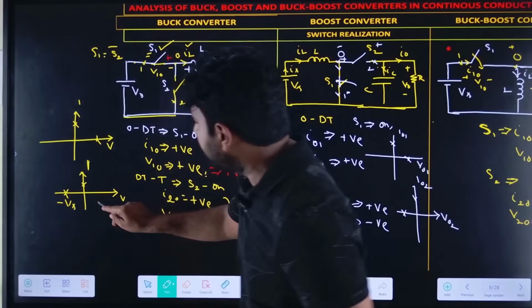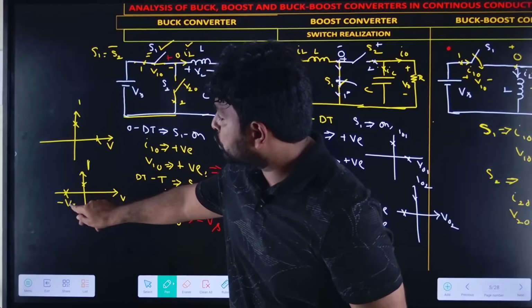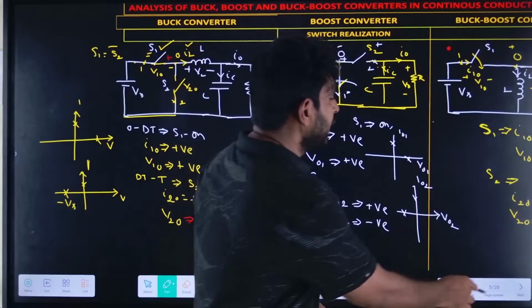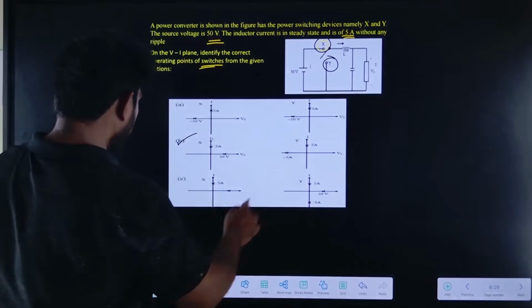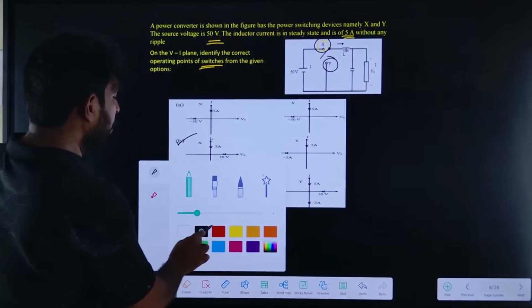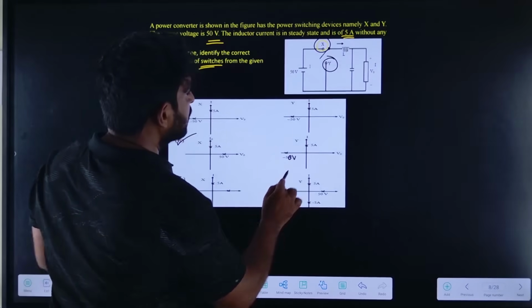If you observe here, for switch 2 the current is positive and voltage is negative. So correct this as minus 50 volts.